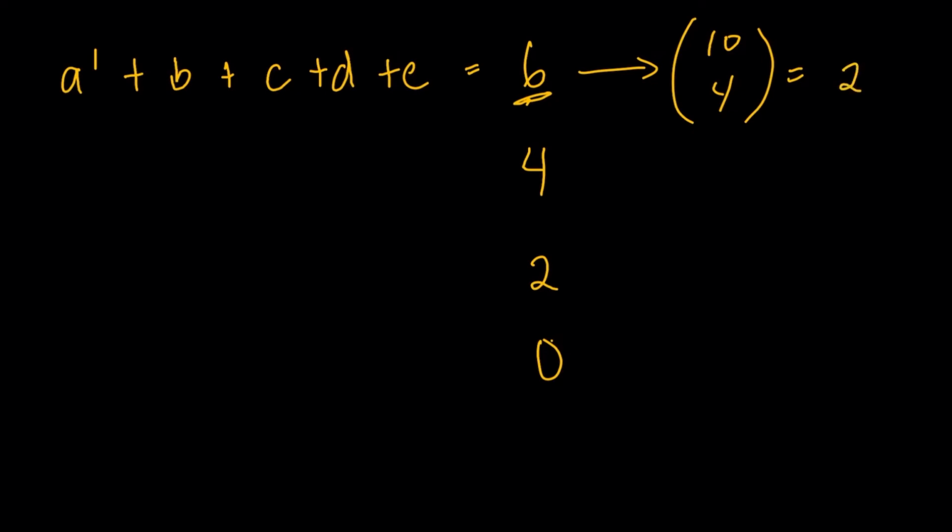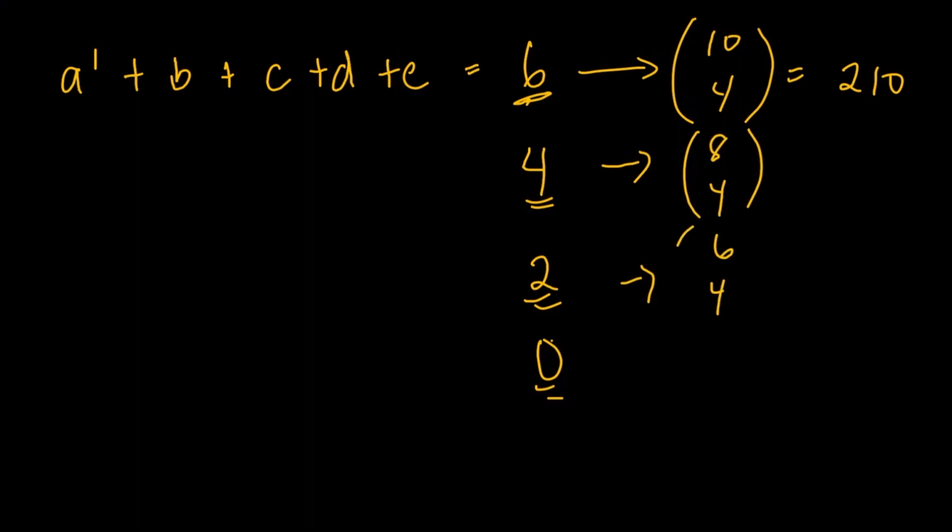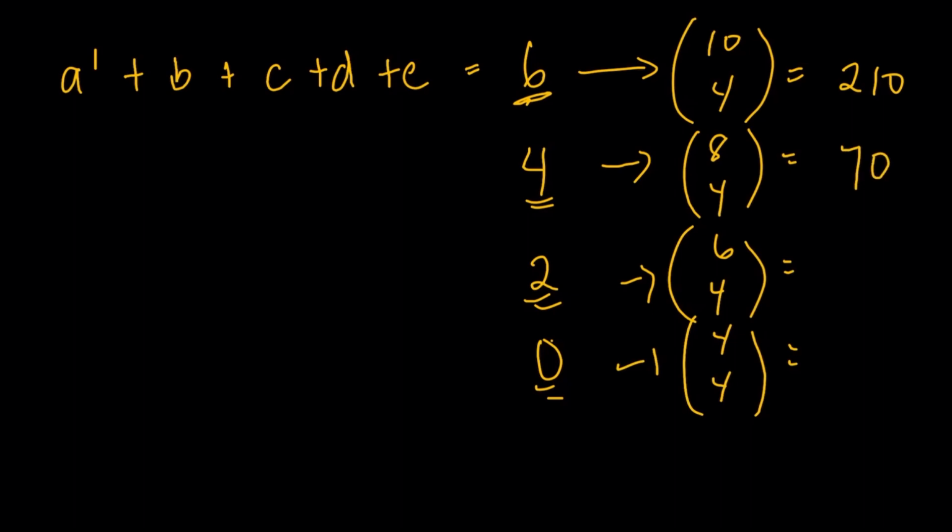We do a similar stars and bars trick to all these 3 solutions, and we get 8 choose 4 for the case where the sum of A prime to E is 4. Then 6 choose 4, and then 4 choose 4. Solving them individually, 8 choose 4 is equal to 70, 6 choose 4 is 15, and 4 choose 4 is 1.